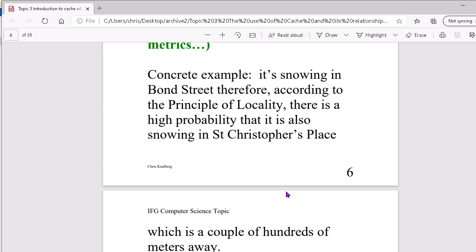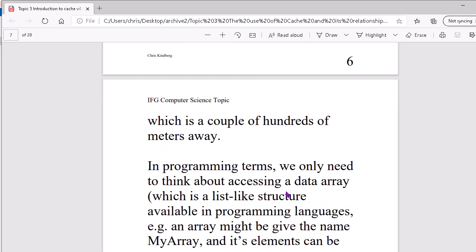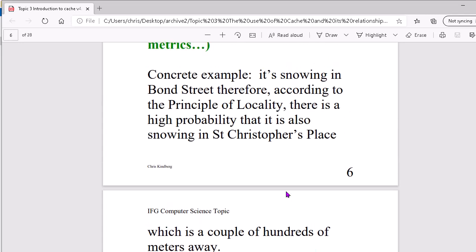It's a relatively narrow passageway that connects a particular main road to Bond Street, so it's only a couple of 100 metres away. So that seems a reasonable conjecture, namely there's a high probability that it's going to be snowing in St. Christopher's Place as well at the same time.